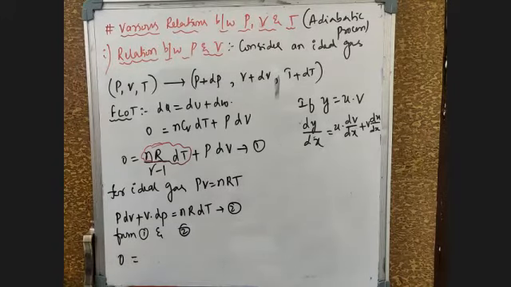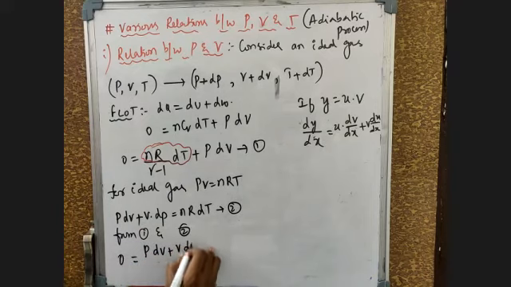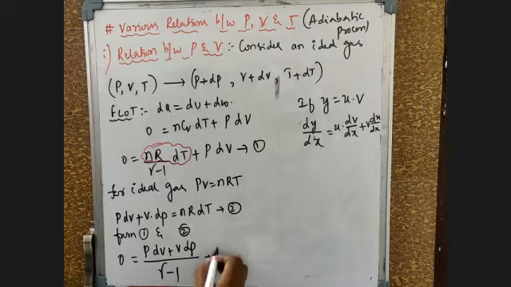So if I substitute, that will become 0 is equal to, for nR dT, (P into dV plus V into dP) divided by gamma minus 1, plus this one is nothing but P into dV. That is the basic condition.